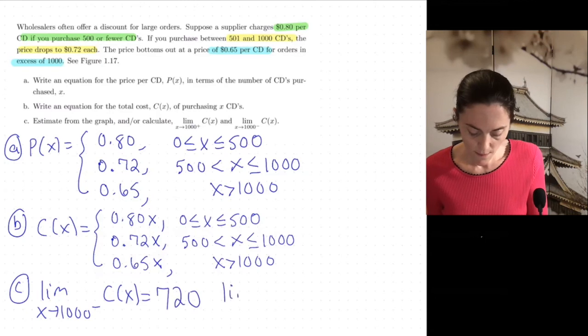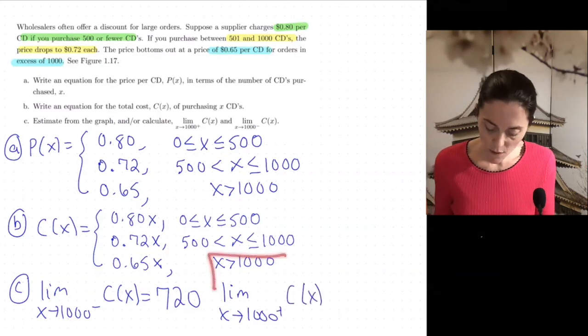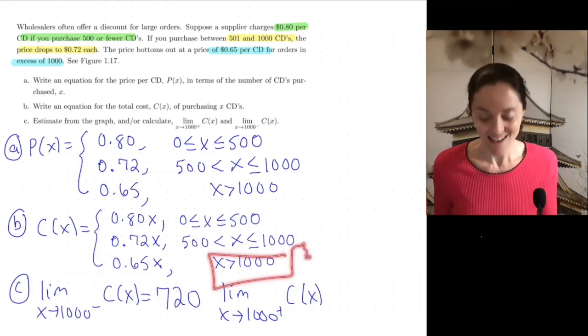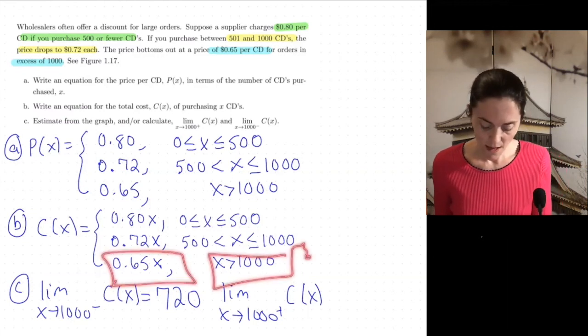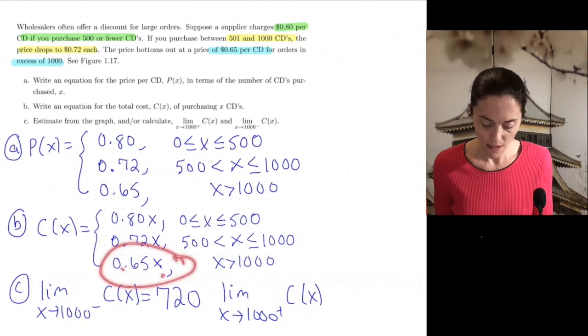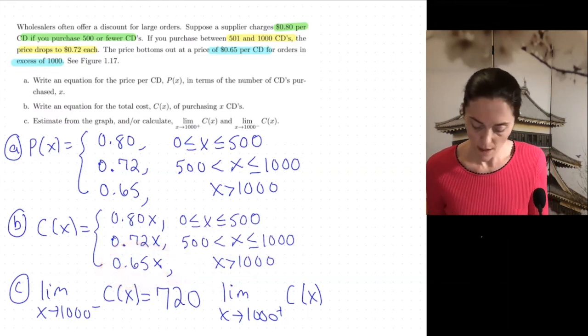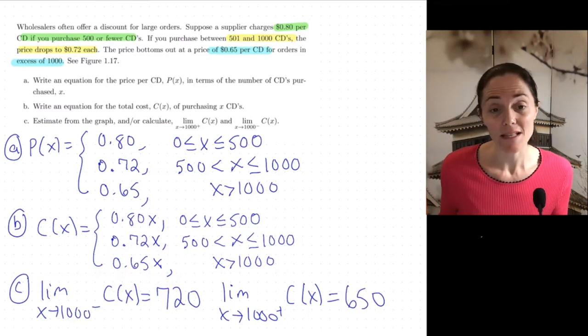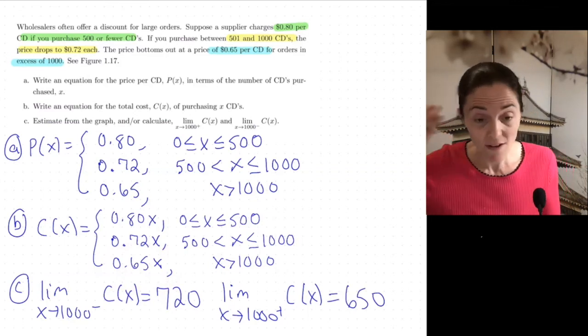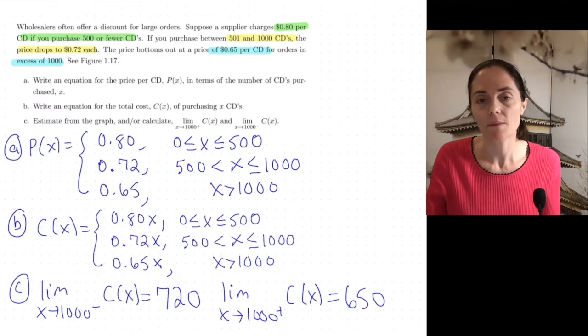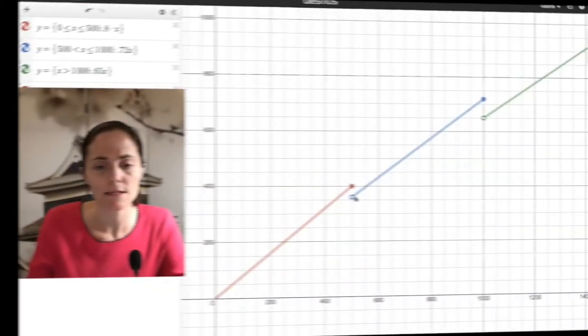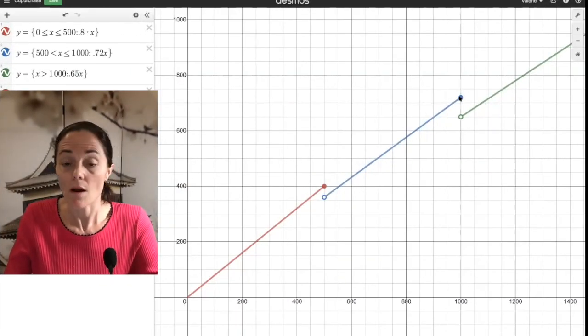And if we want the limit as x approaches 1,000 on the right of the cost, well, we use x values bigger than 1,000, and that's this formula. So we evaluate this at 1,000, it moves the decimal over 3, and we get 650. Okay, so this is the limit from the left and the limit from the right, where I calculated it from this function.